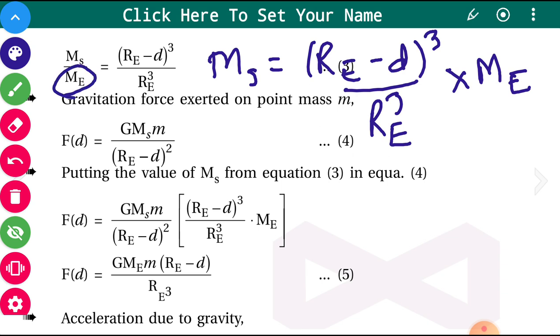This Me will be in multiplication here. So instead of this ms, we are placing this whole value in this fourth equation.